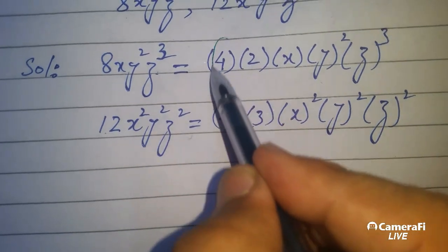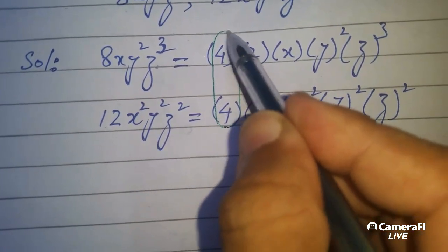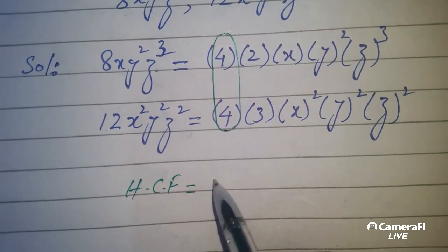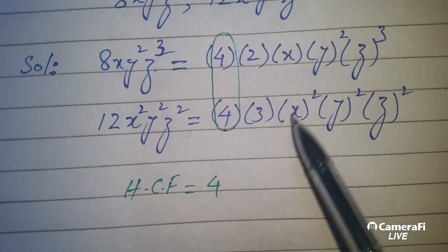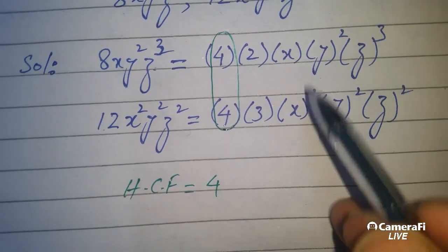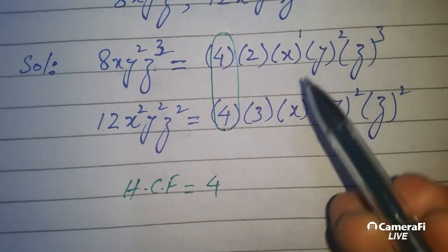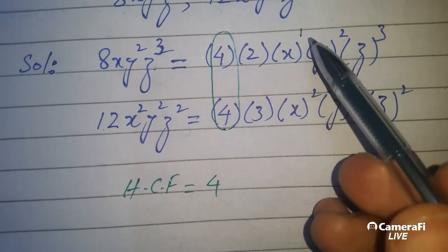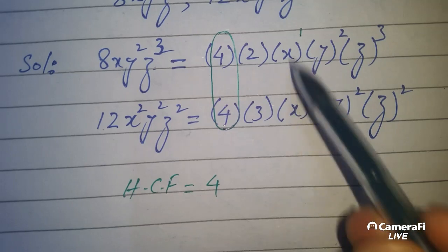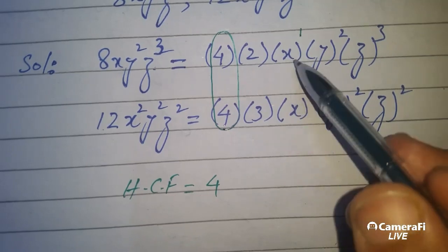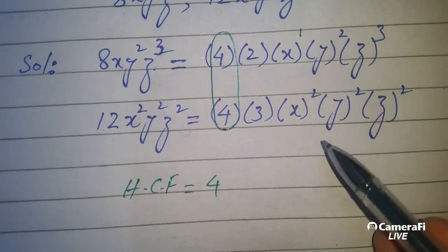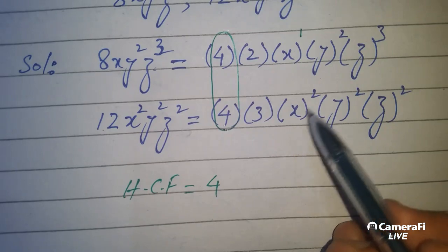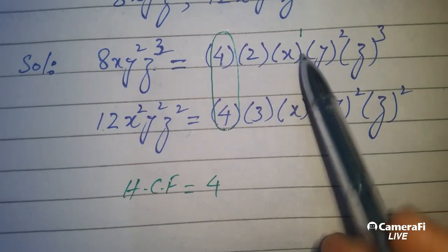Here 4 can be taken as a common factor. Then we have x as well. Here x has no power, it means it is raised to power 1. Always we will take the smallest power as a common factor. Here x is raised to power 2, and here x is raised to power 1.